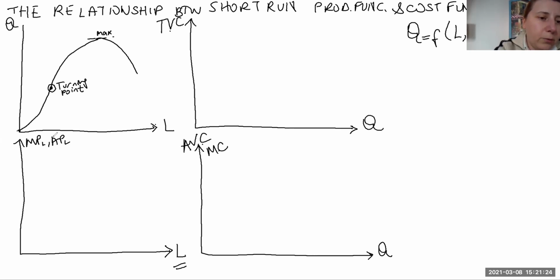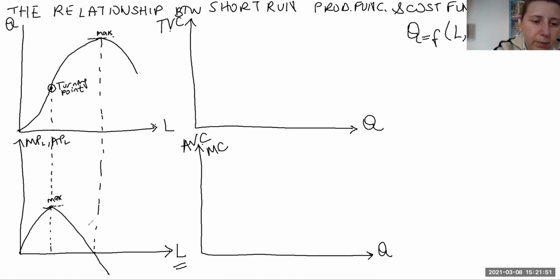This turning point was important for the marginal product of labor. The marginal product of labor starts from the origin. It maximized at the turning point of the production function. And also this maximum point is important for us. And it's just marginal product of labor is becoming zero at the maximum point of the total product of labor.